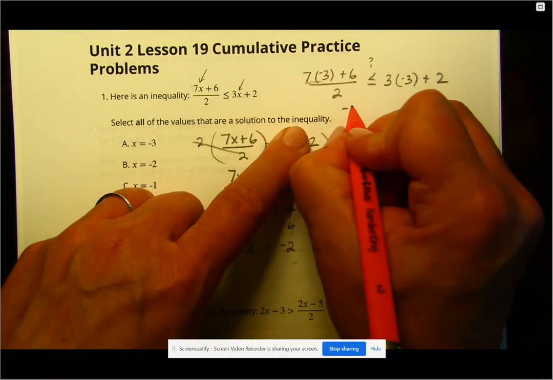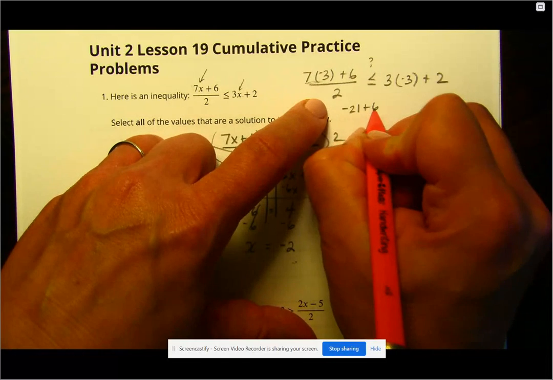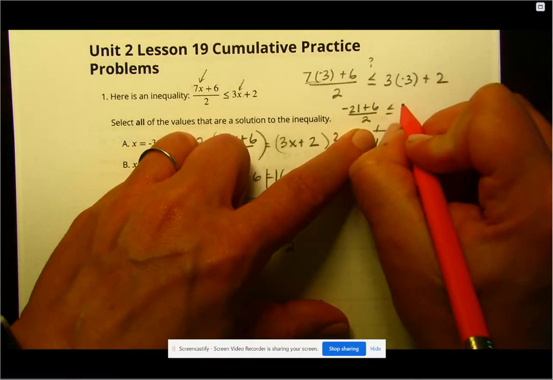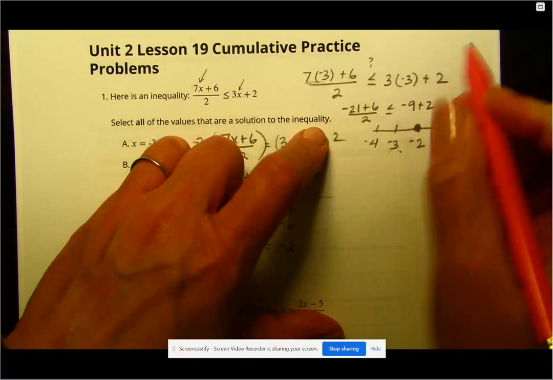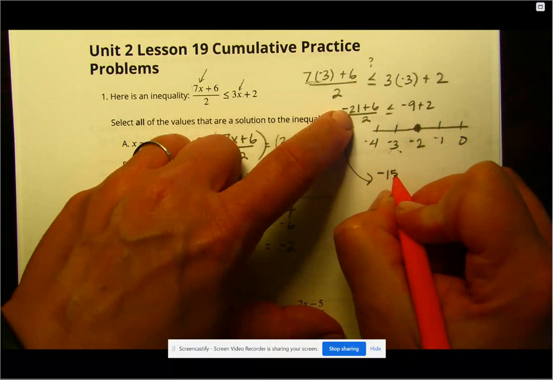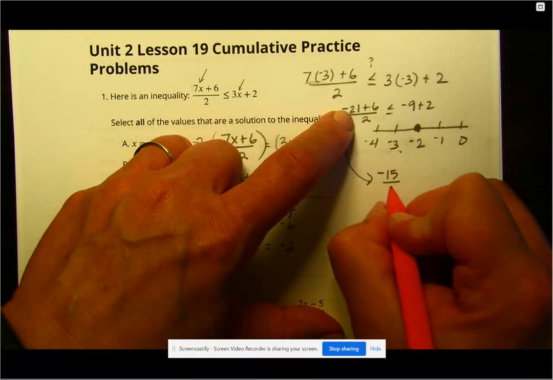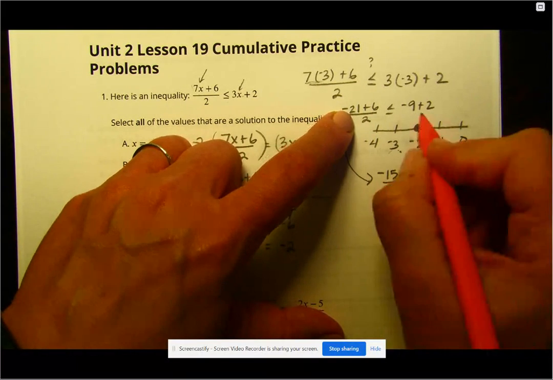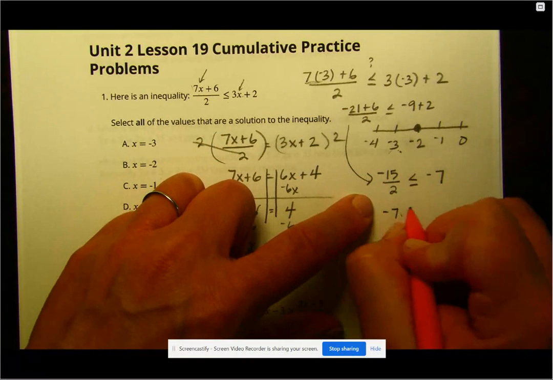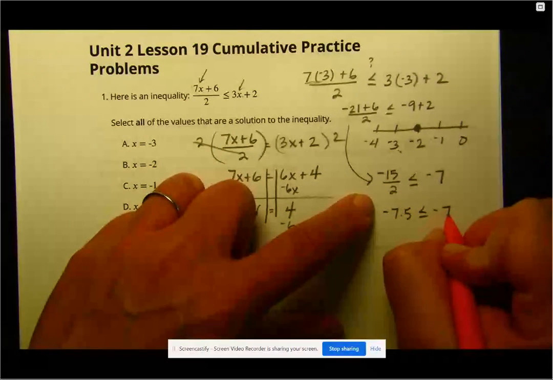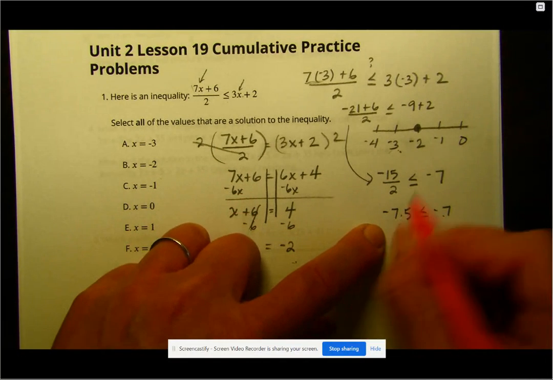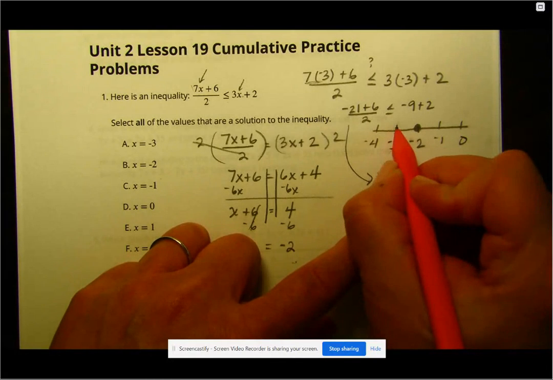Negative 21 plus 6 divided by 2. Is that less than or equal to negative 9 plus 2? Negative 15, I'm just evaluating this, divided by 2, is that less than or equal to negative 7? Is negative 7.5 smaller than or equal to negative 7? Yes, negative 7.5 is further to the left. It is smaller. This is true. So negative 3 is a solution.